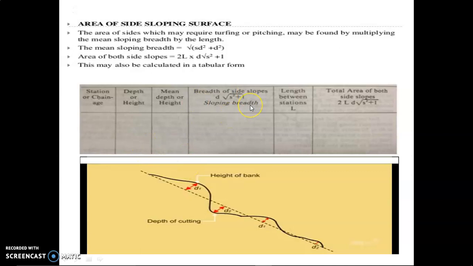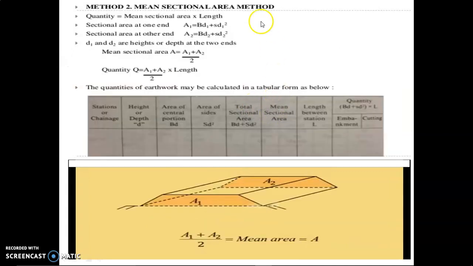Now the second method is the mean sectional area method. In this method what we have to do, we have to calculate the area of one end and the area of the second end. After that we have to take the average of these areas. So we know the formula for this particular part is BD1 plus SD1 square, and the formula for this particular part is BD2 plus SD2 square.